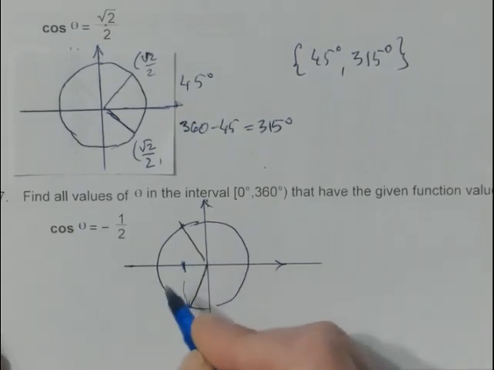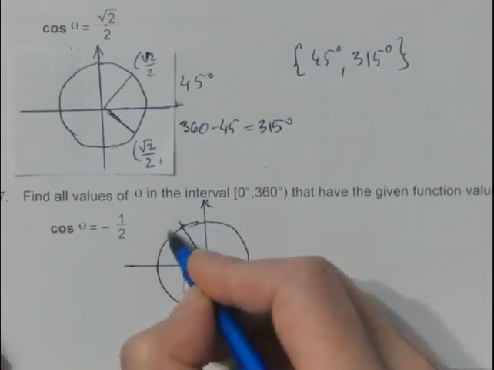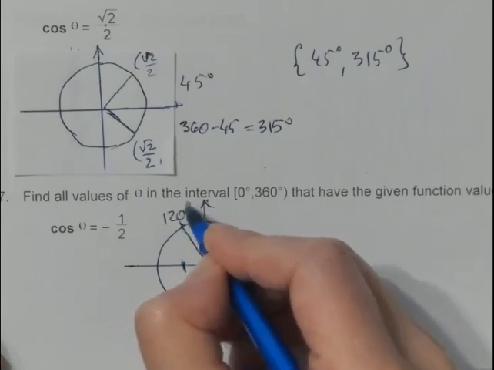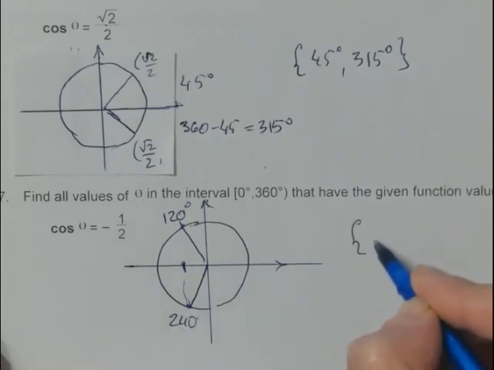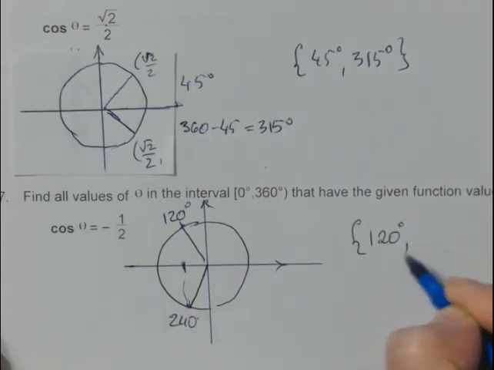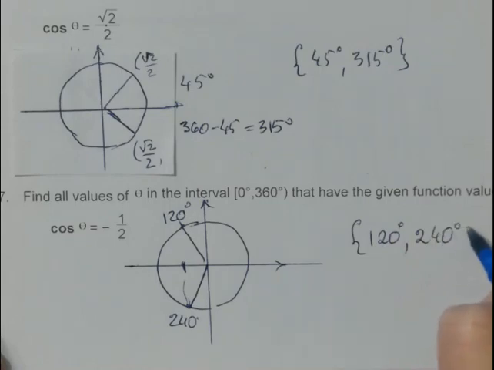The reference angle is 60 degrees, so it is 180 minus 60, 120, and 180 plus 60, 240 degrees. So 120 degrees, 240 degrees.